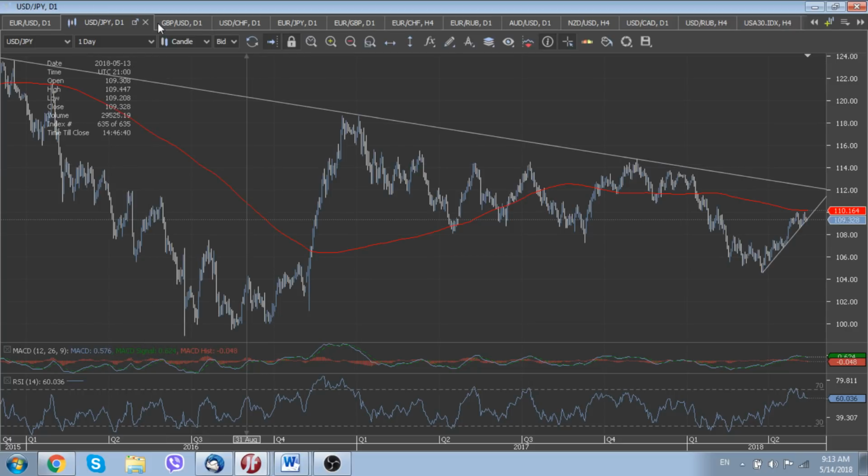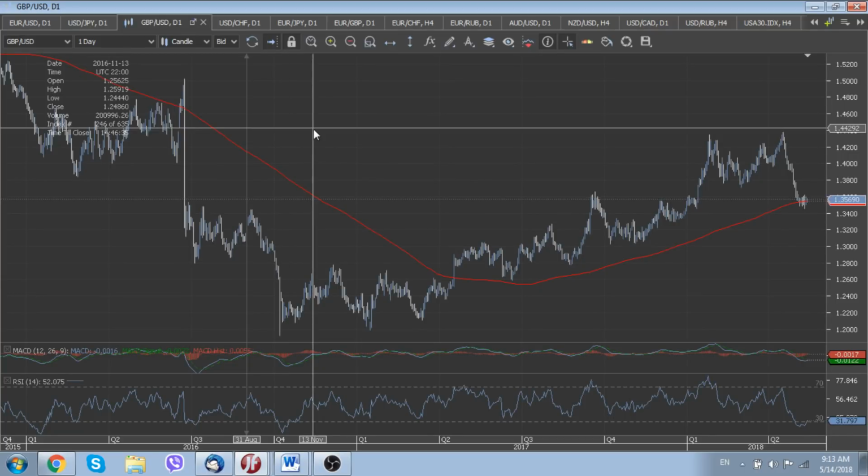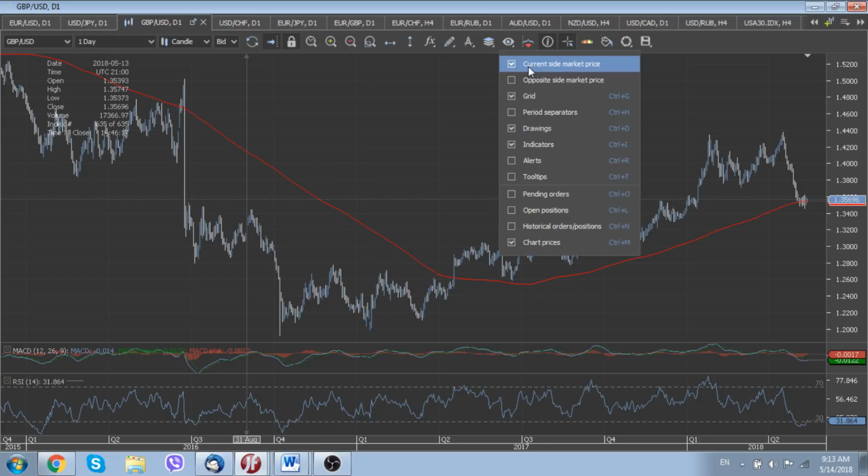As regarding the cable, here also the situation is not so dramatically negative for the cable right now, because from the point of view of weekly closing, the pair is still trading above its moving average 200 daily line, which is located at the moment around 1.3548.